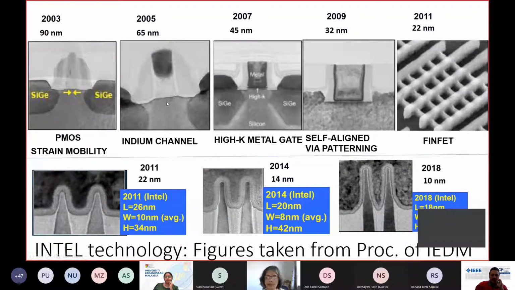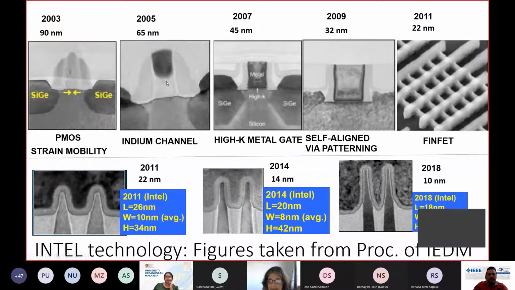And indium gives what is known as a retrograde channel profile. That means the peak of the profile is quite away from the substrate, and that reduces the dependence of the threshold voltage on the drain bias. It's an effect which is known as DIBL, or drain-induced barrier lowering.